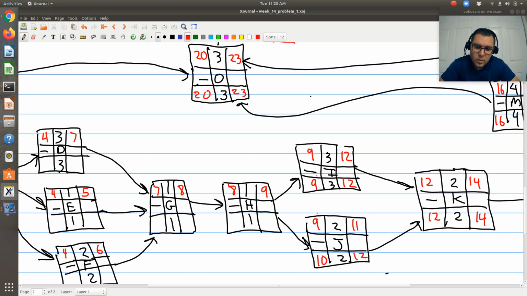I and J both have a precedence of H. So H needs to be completed before activities I and J can begin. Again, for its latest possible finishing time, I'm looking at the minimum of the latest possible starting times of I and J, and that's going to be 9.